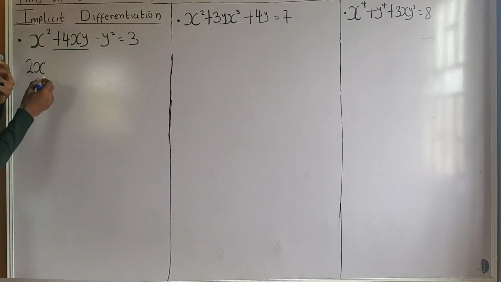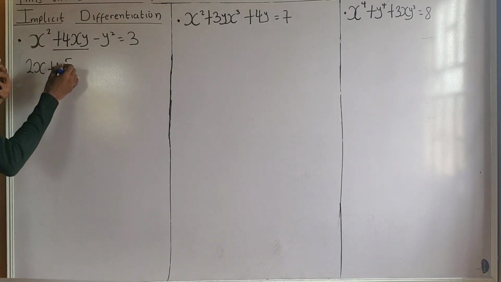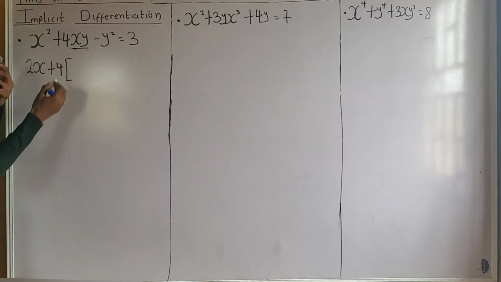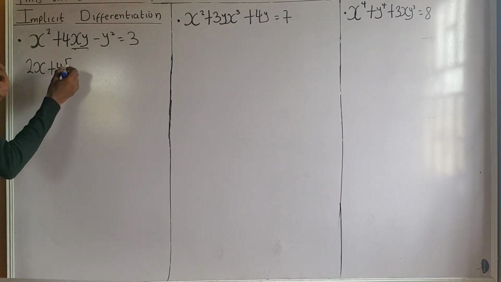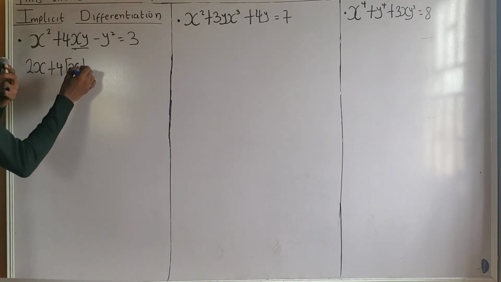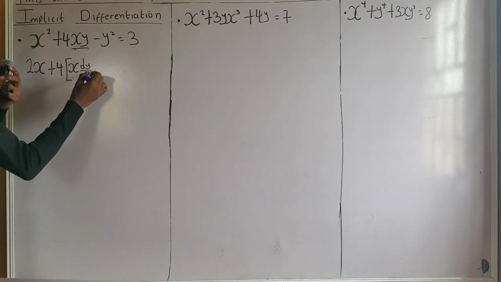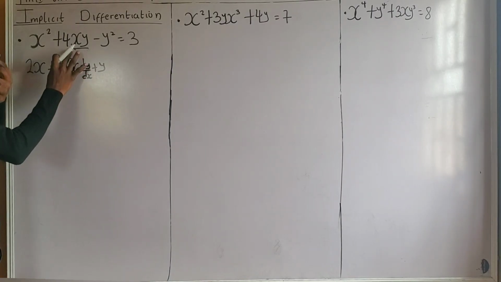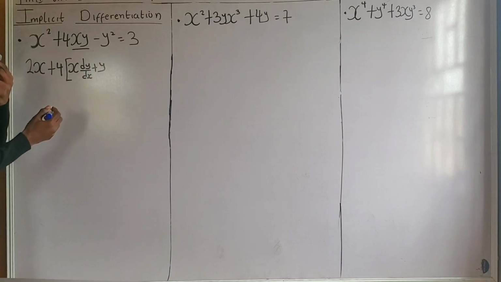Now, we want to differentiate 4xy. The first step is that you put this 4 and then put a bracket. Now, focus on xy. Differentiate xy. You're going to have x multiplied by dy all over dx plus y. Do you know how I got this? I made use of the product rule to differentiate xy.